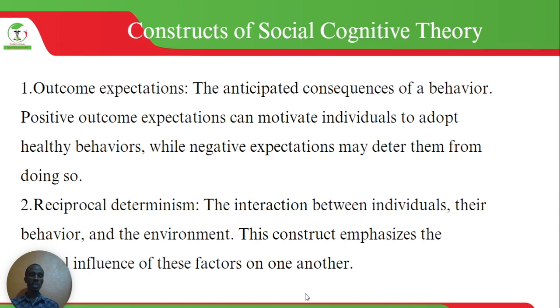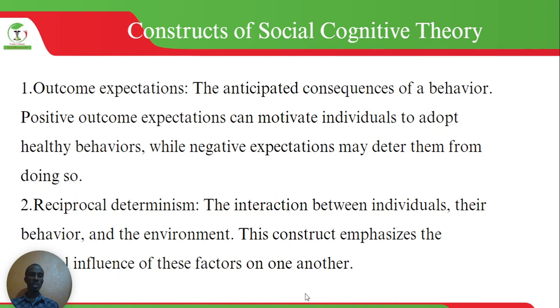And also the individual himself influences the environment, and this is what we are calling reciprocal determinism. If they are smoking, then that means that it is more likely for the people around them to also engage in the same.